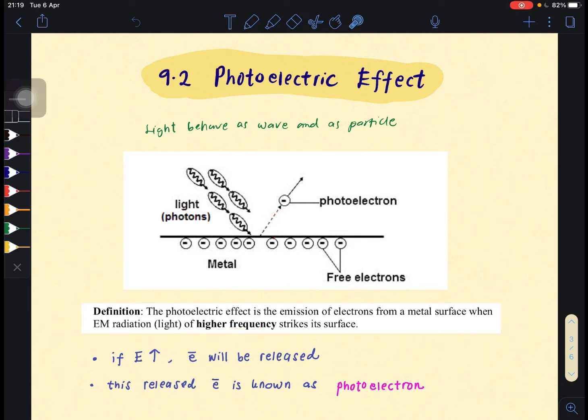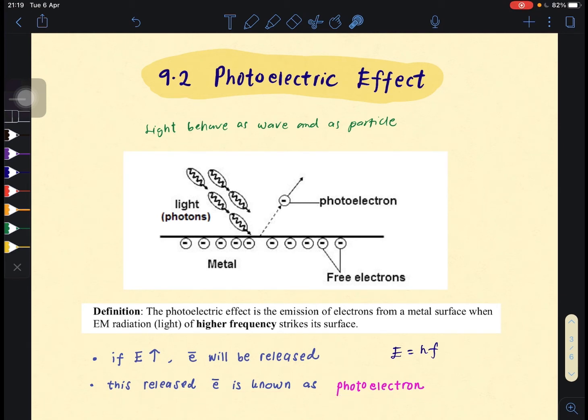We have learned that energy is equal to hf, Planck constant times the frequency. So if the frequency is higher, the energy is also higher, meaning these photons must have higher energy. If the energy is higher, the electron will be released. This released electron is known as a photoelectron.